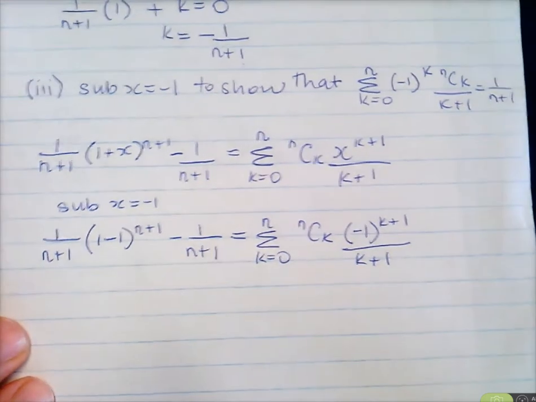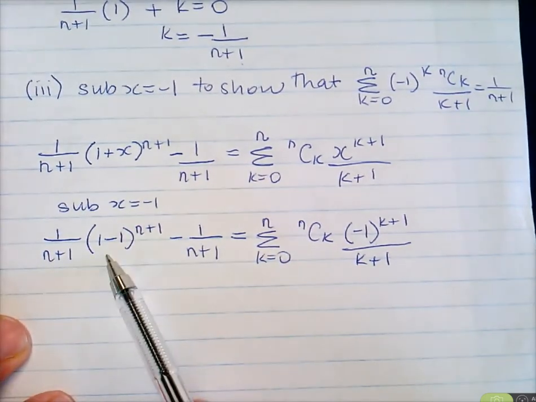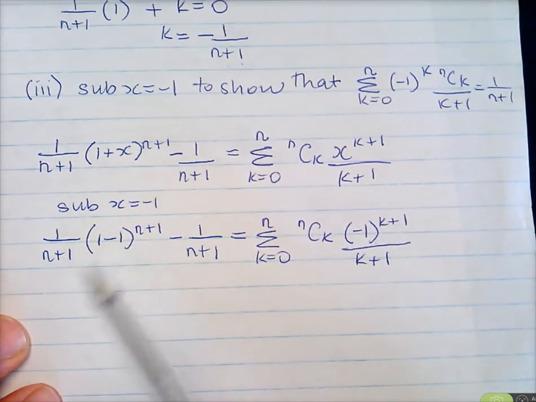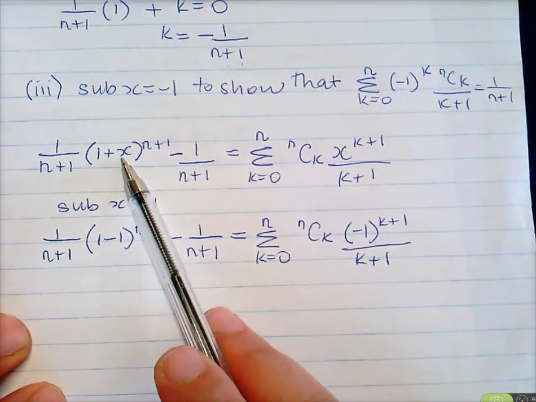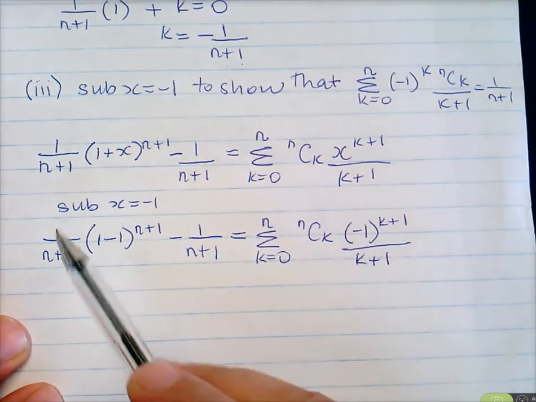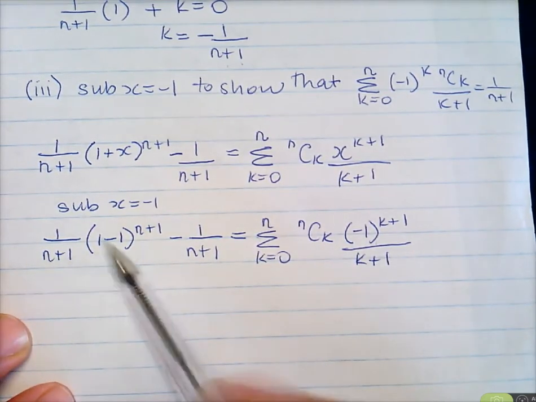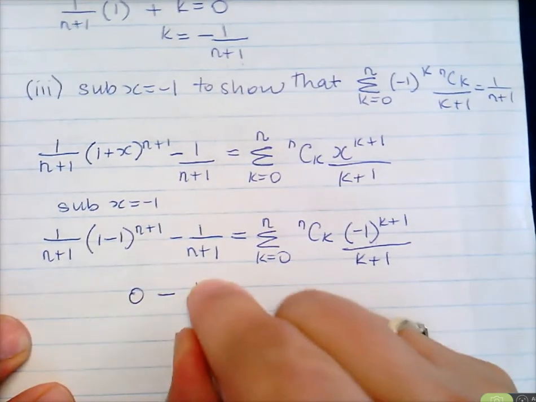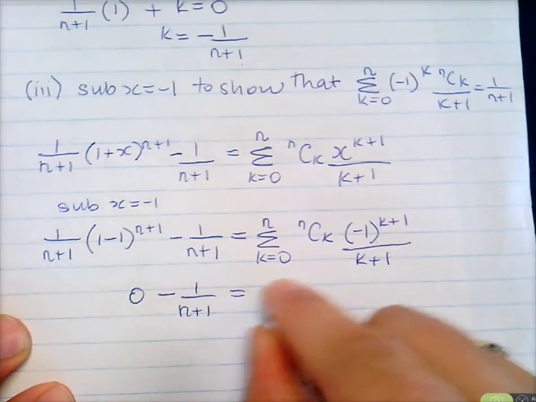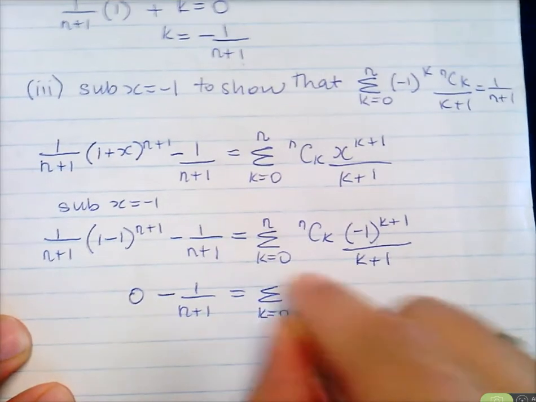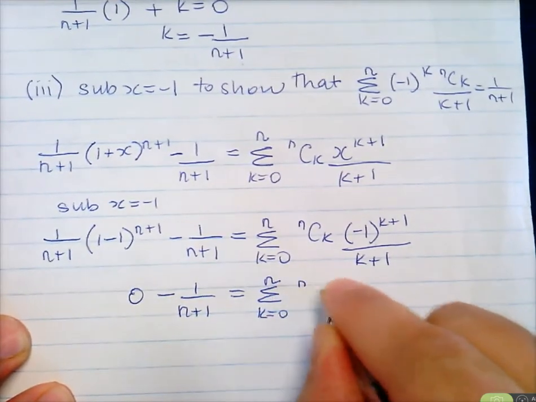What have I got here? I've just substituted x is -1 there and there. So what is this? 1 over n plus 1 times 0. So I lose that. So I get 0 minus 1 over n plus 1 equals the sum from k is 0 to n of nCk.